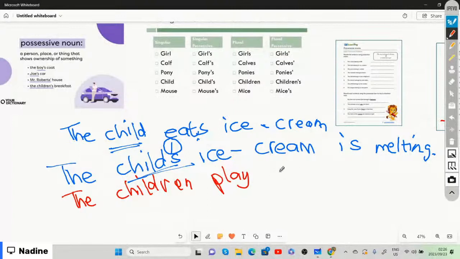So let's say play skipping rope. Right? So the children play skipping rope. So now we need to show position because children is already more than one, right? It is a plural form. It shows more than one. So the children play skipping rope.